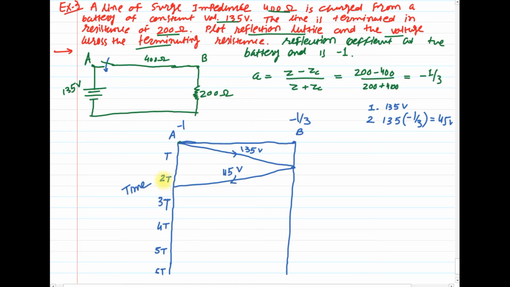Now, sorry, it is minus 45 volt here, minus 1 by 3 here, and here at the battery end, it is multiplied again with the reflection coefficient, which is minus 1. And again it will be reflected back toward the end of the transmission line.